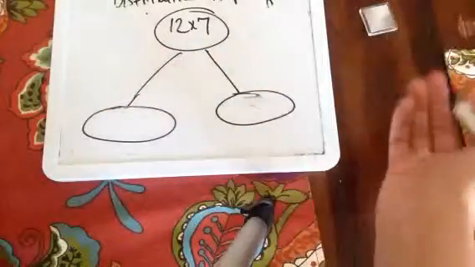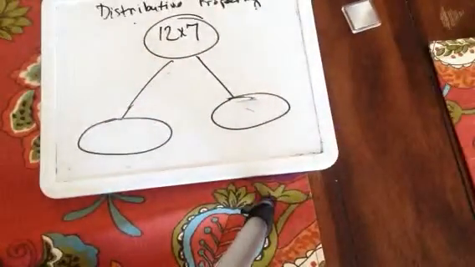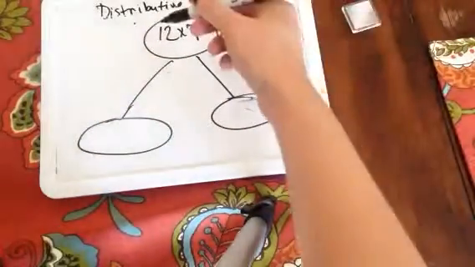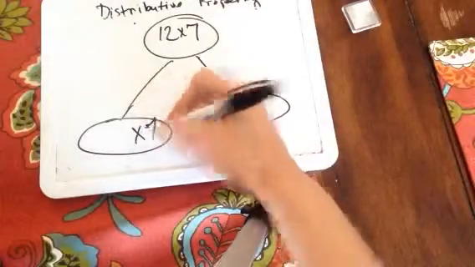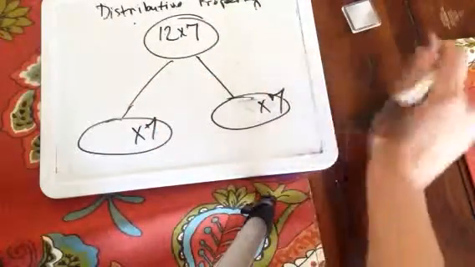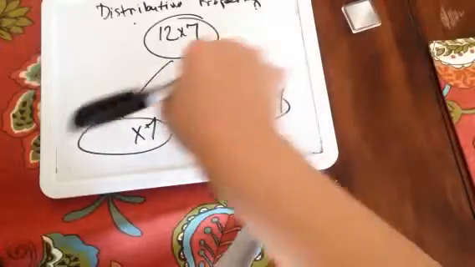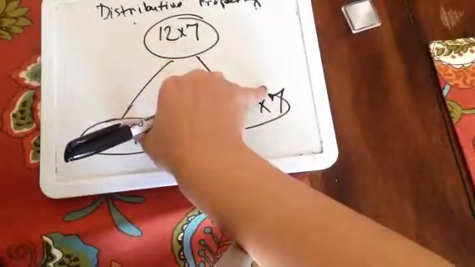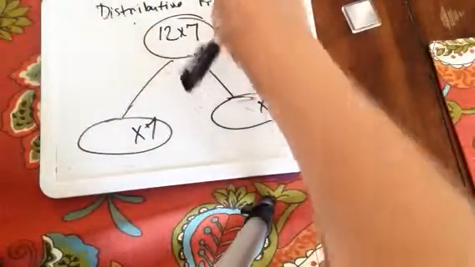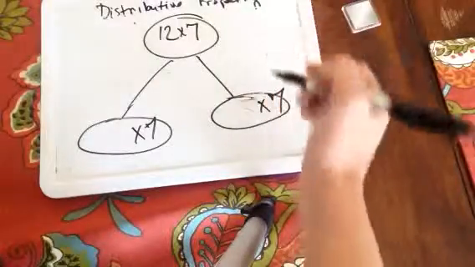So 12 times 7, that's pretty tricky. But if we decompose that 12 and we distribute that times 7 to both of those equations, when we add these two easier equations up, we are going to get the answer to this. That's what I meant to say.